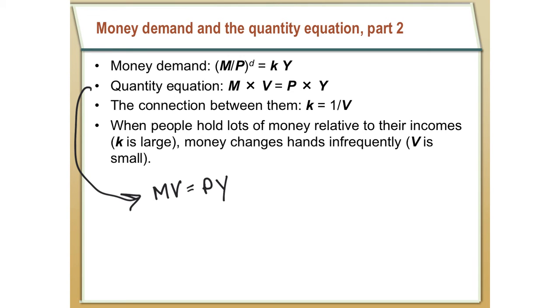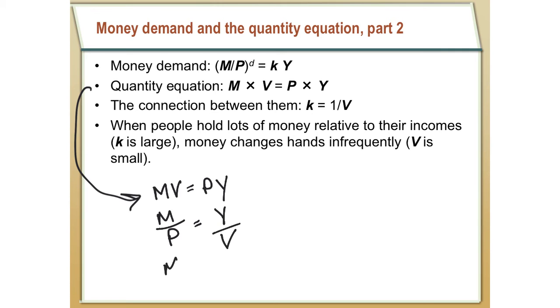If we take the quantity equation MV equals P times Y, we can divide both sides by P to get an equivalent expression. Now we have something that looks like money demand: M over P is equal to Y over V. I just divided both sides by P first and then divided both sides by V. So we're just rearranging this.